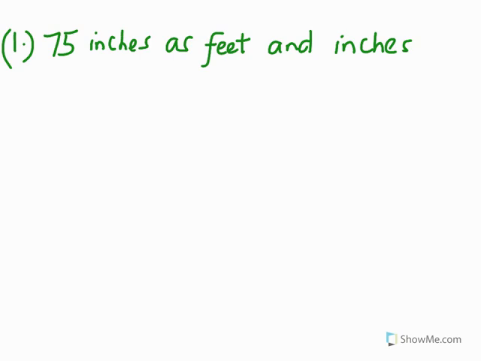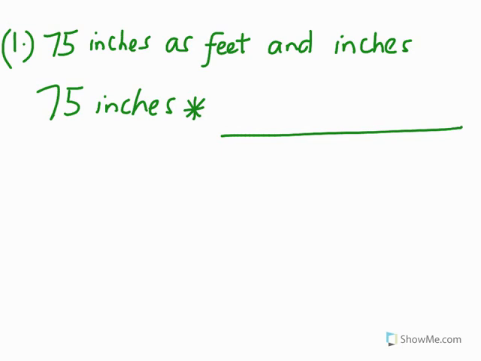So we now do 75 inches. Please, you need to watch the video that I did earlier so you will understand this. We want to convert to feet, so we put feet at the numerator and inches at the denominator, right?